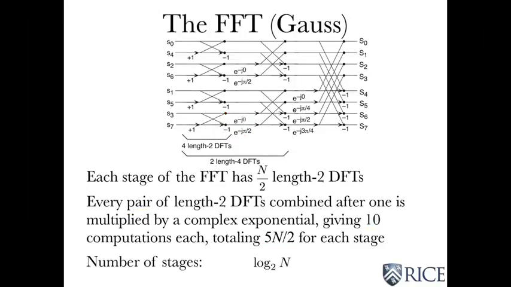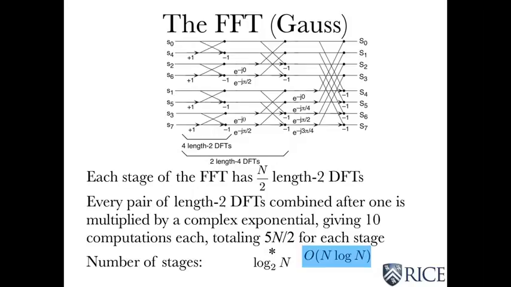The number of stages we got was log 2 of n. So the total complexity is going to be obtained by multiplying those together, and sure enough, we obtained the rather interesting result that the complexity of computing the FFT is n log n.